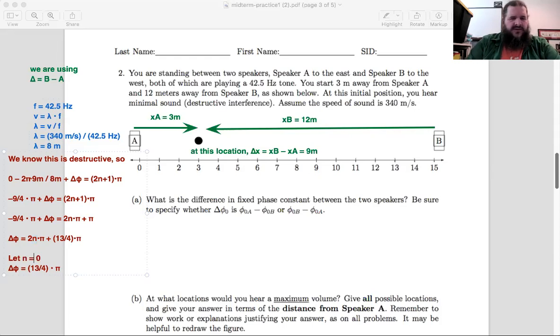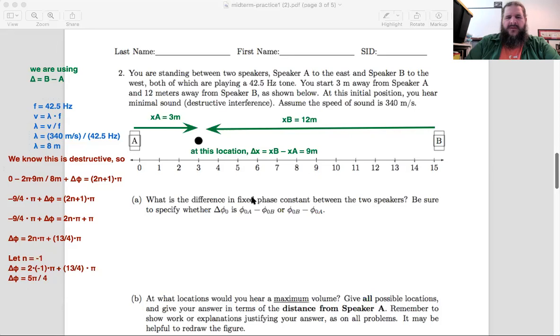Yeah, if we use negative 1 for n, then we get an extra 2 times negative 1 times pi plus 13/4 pi. That's negative 8/4 plus 13/4, so that becomes 5/4. So 5 pi over 4 would be our delta phi, our delta phase shift.